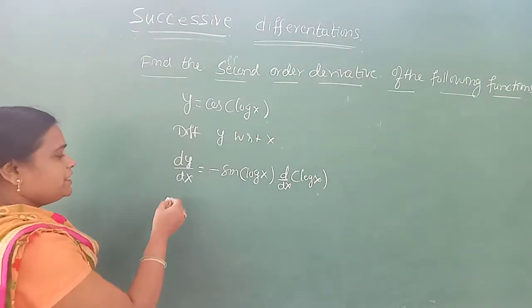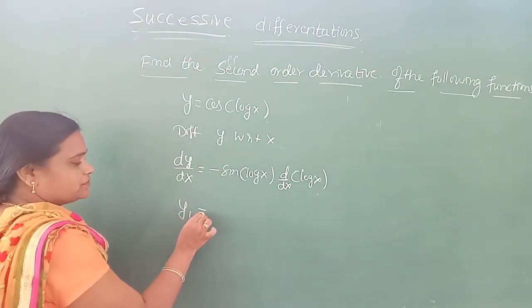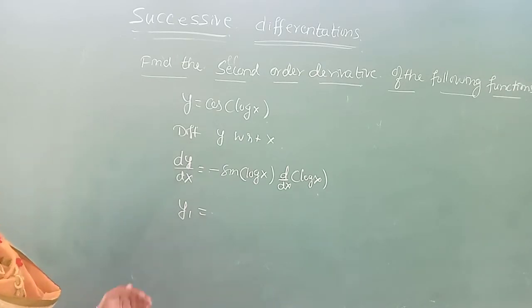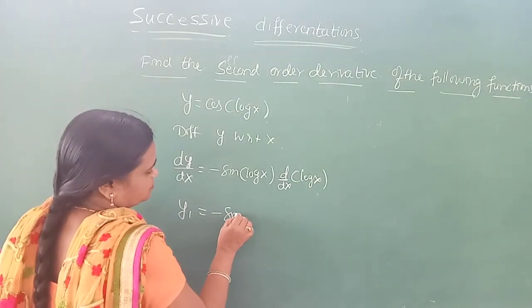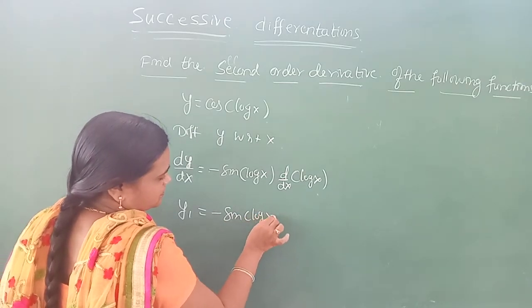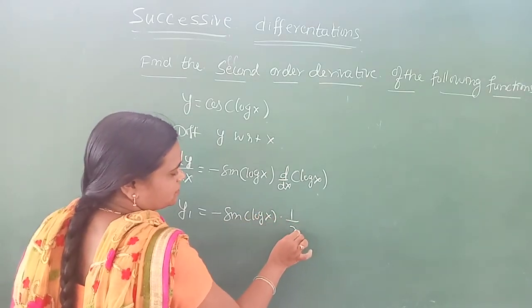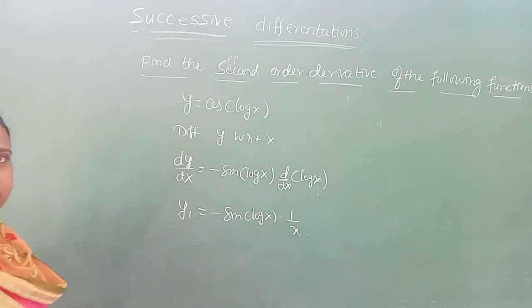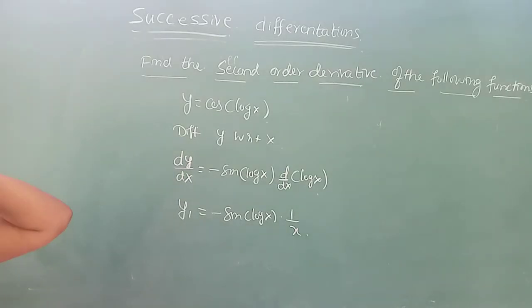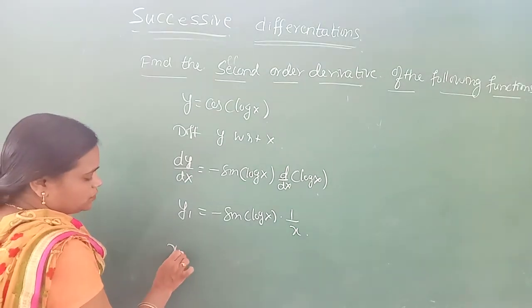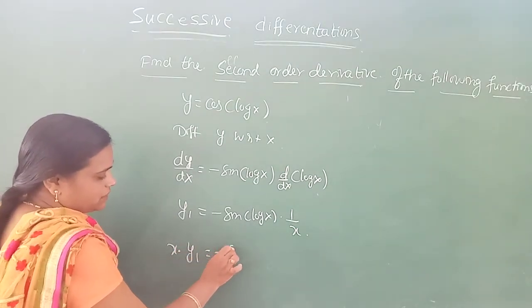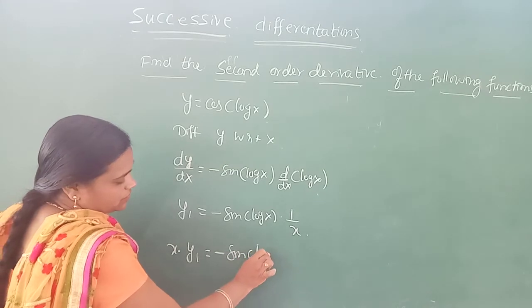Next, dy by dx can also be written as y1, with minus sin log x, because I already explained. And the differentiation of log x is 1 by x. And take this x to the left hand side. We get x into y1 is minus sin log x.